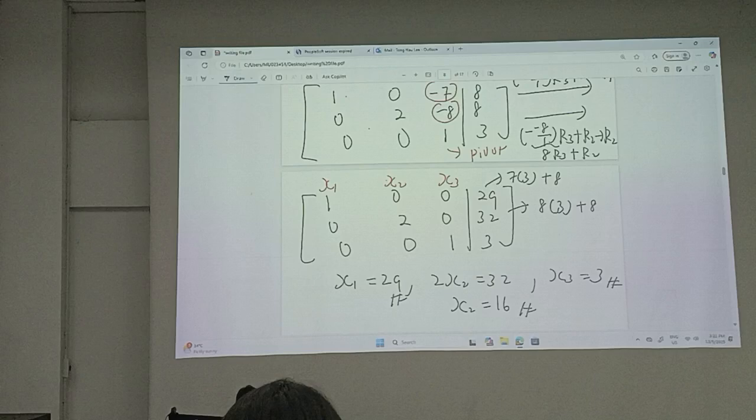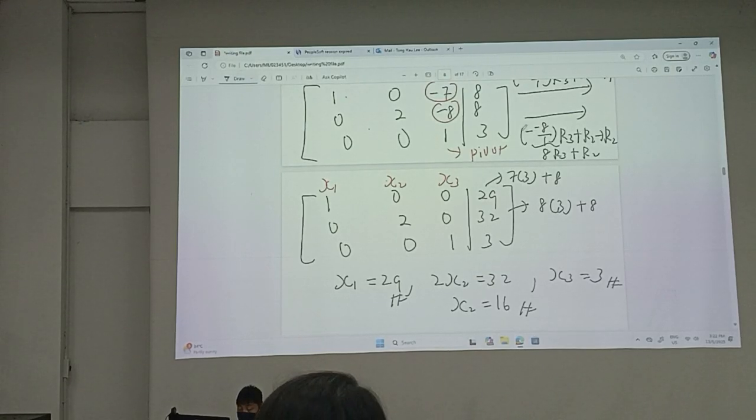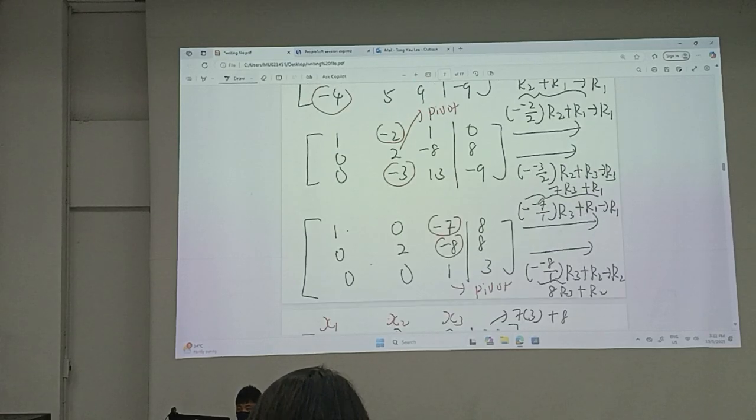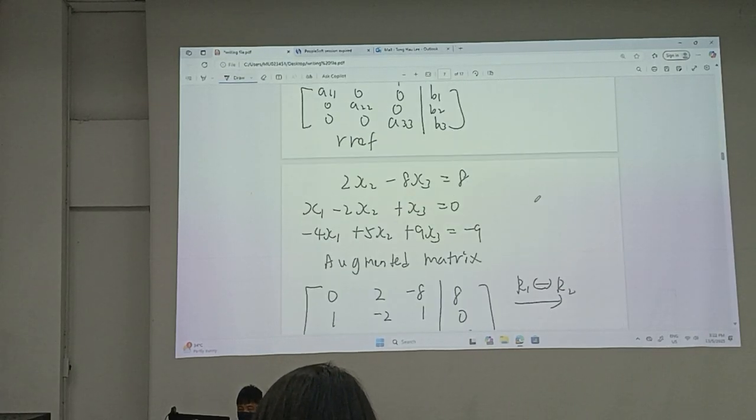Okay, how to check whether your answer is correct or not? How to check whether your final answers are correct or not? So you don't have to check all the steps anymore. Once you confirm your answers, they are correct. Plug all the values into one of the equations. There are 3 equations here, right?